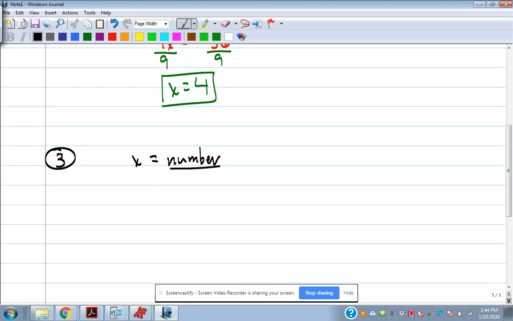What's 9 more than twice that number? How can we write that? That would be 2x plus 9, wouldn't it? Okay, and I'm going to use that statement as the other number.